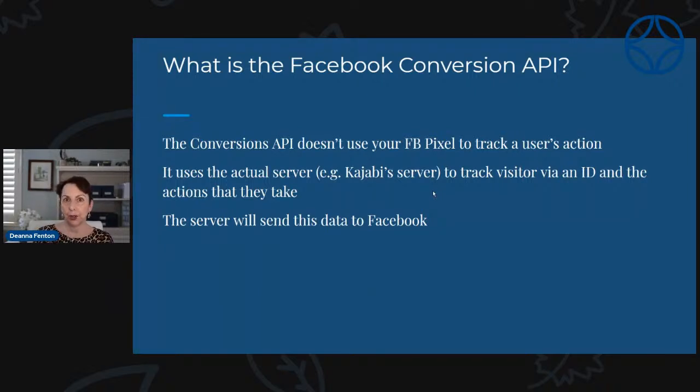So that means if you have a Kajabi site and you're running traffic to a sales page, Kajabi's server can track the visitor via an ID and the actions that they take and send the information to Facebook. So this helps to try and mitigate and offset the lack of being able to track it via the pixel.